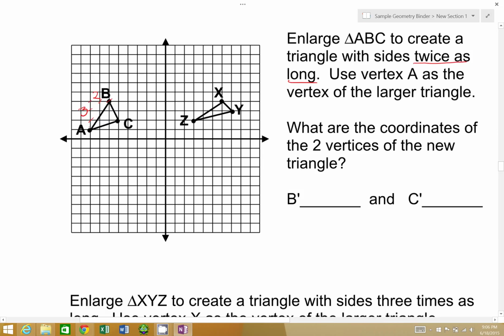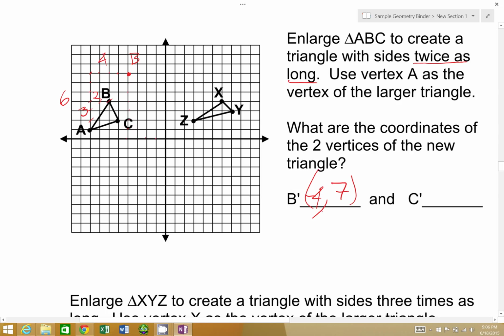So instead of that, I'm going to go up 6. So that's 3, 4, 5, 6. And I'm going to go over 4. 1, 2, 3, 4. And there's my new B coordinate. So my B coordinate is 4, negative 4. Write my ordered pair down here. And up 1, 2, 3, 4, 5, 6, 7.